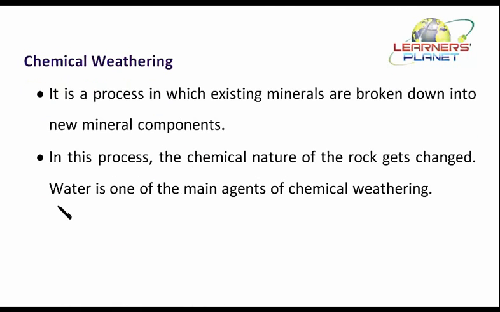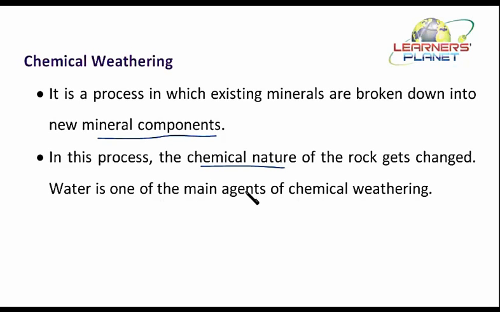Yes, students. Chemical weathering is a process in which existing minerals are broken down into new mineral components. And in this process, the chemical nature of the rock gets changed. In physical weathering, nothing gets changed chemically.